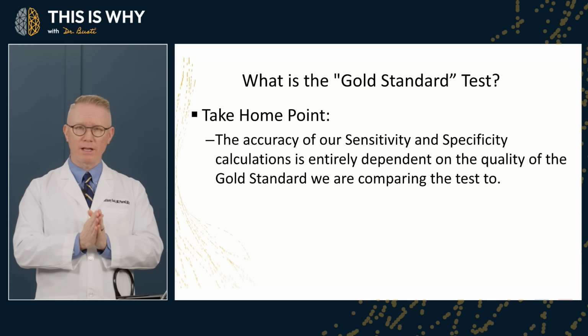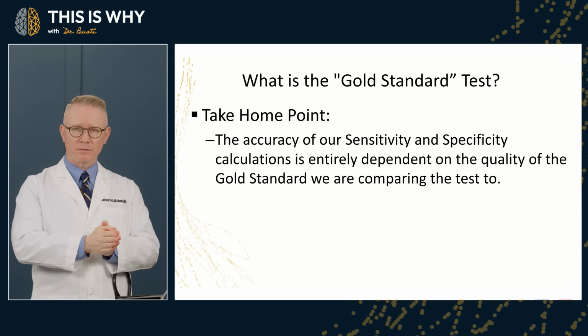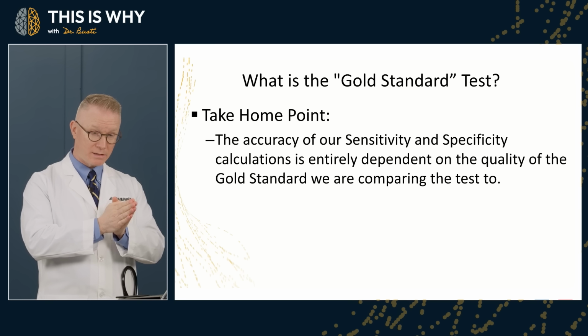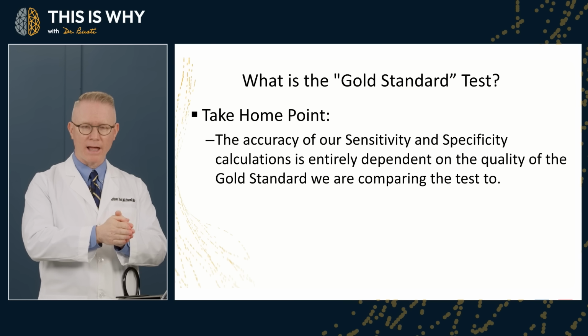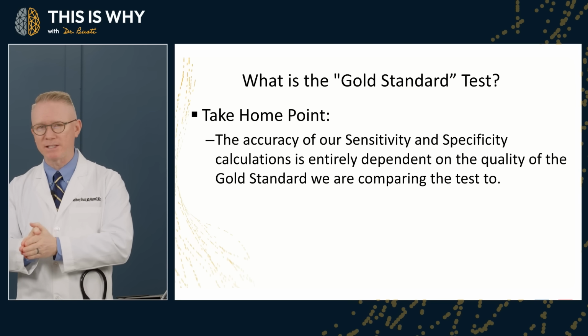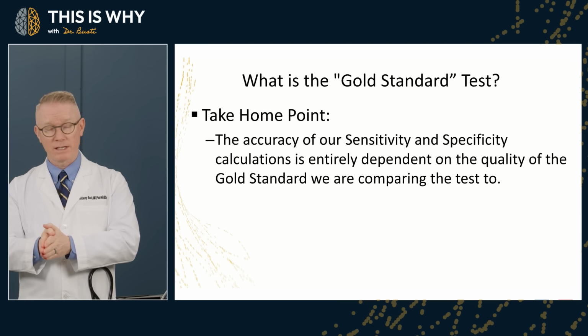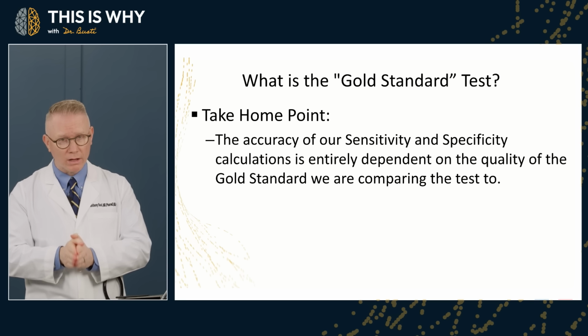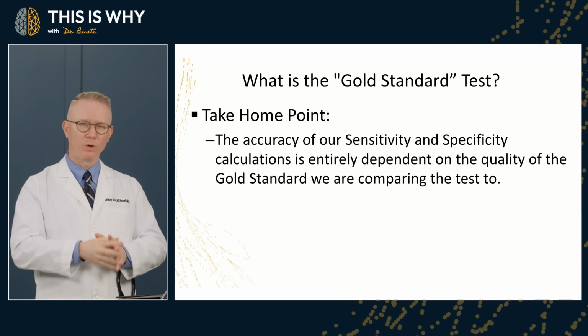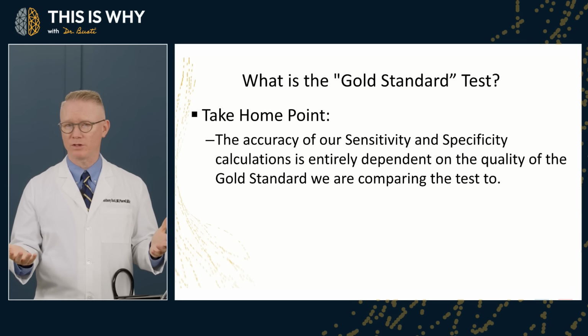The take-home point is that the accuracy of the test you're looking at, its sensitivity and specificity, is entirely dependent on the quality of the gold standard or reference test that we're comparing it to.